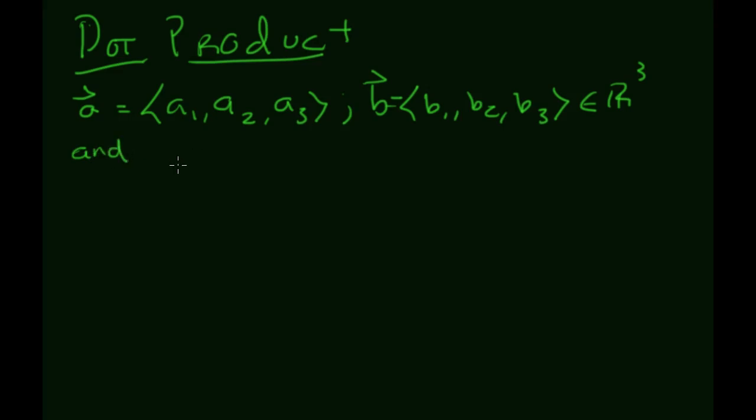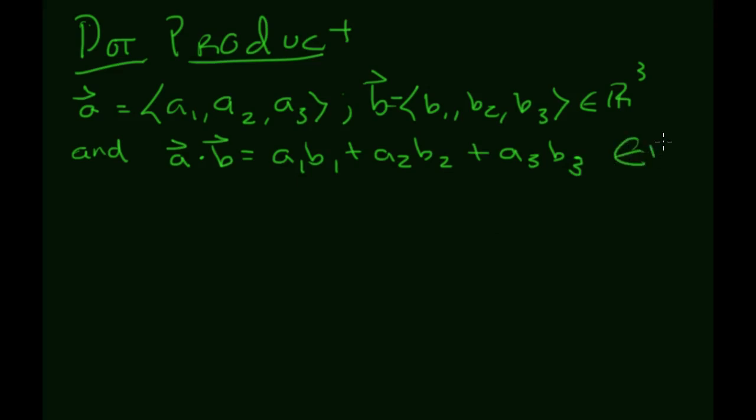And I'm going to create a new scalar actually, that we're going to call A dot B, and this is going to be the linear combination of these two things. So it's going to be A1B1 plus A2B2 plus A3B3. So that's going to come out as a scalar, right?